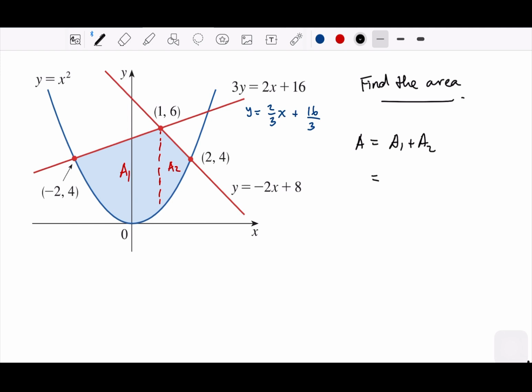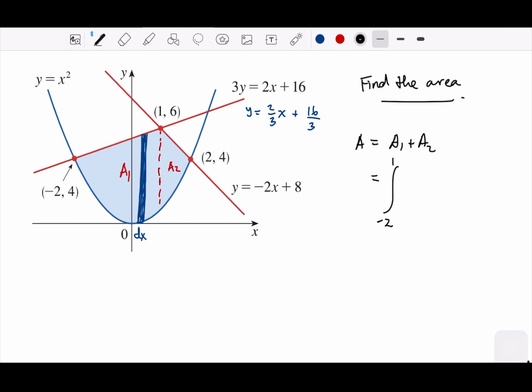And A1 is, I will take the dx, right? So let's just say dx here. So we will take the integration from -2 to 1.